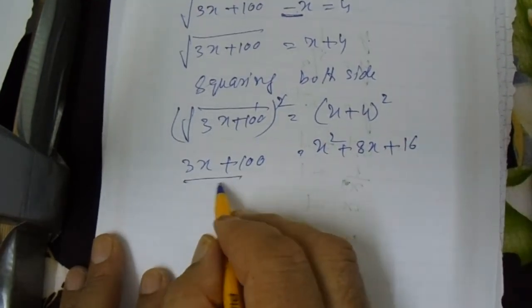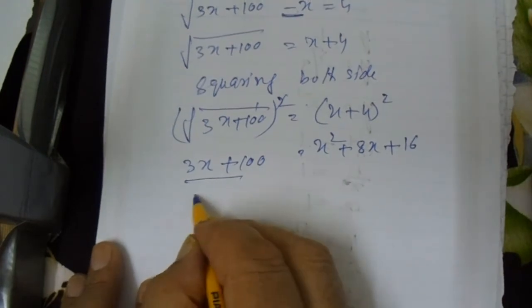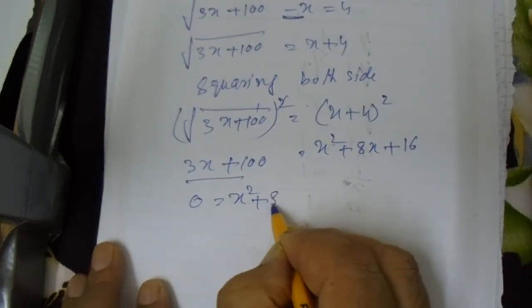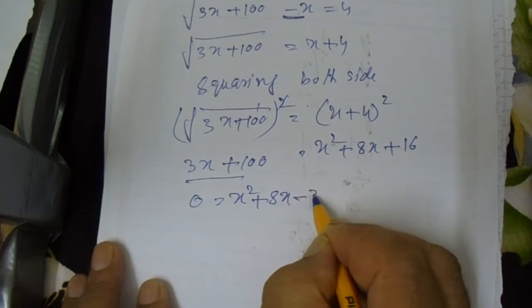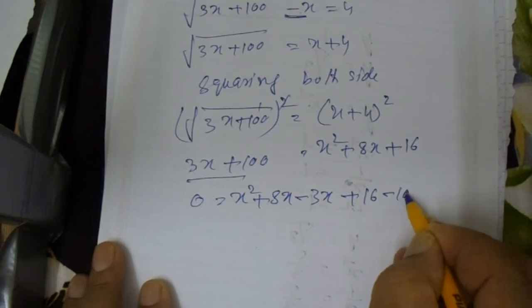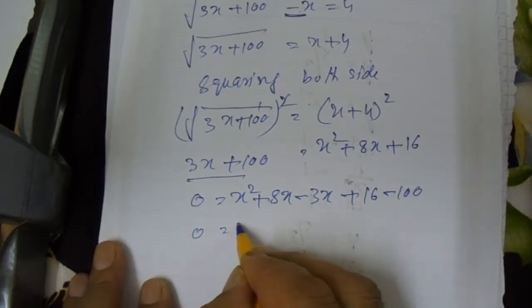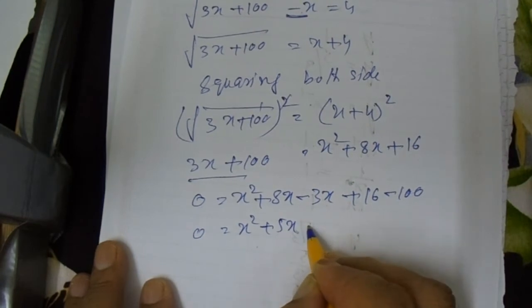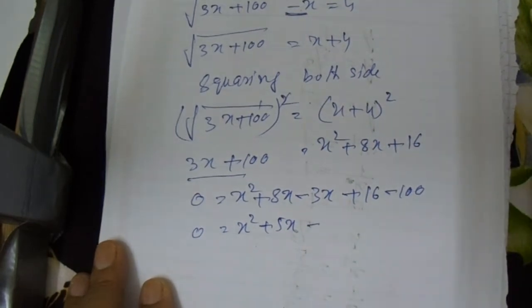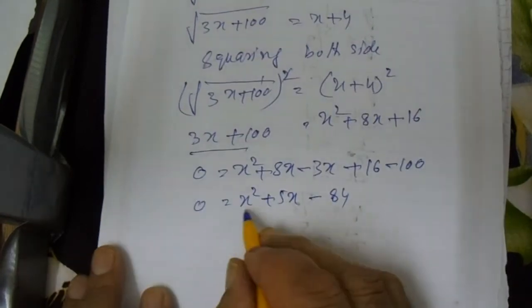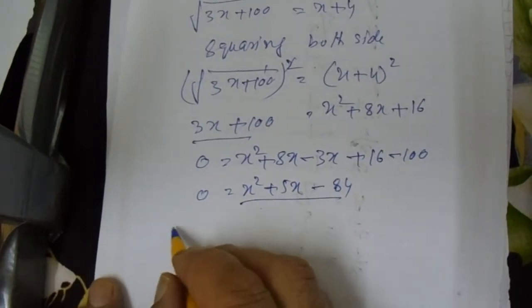Now we take this whole factor to the right side. 0 is equal to x square plus 8x minus 3x and plus 16 minus 100. x square plus 5x and here minus 84. Yes, 84.